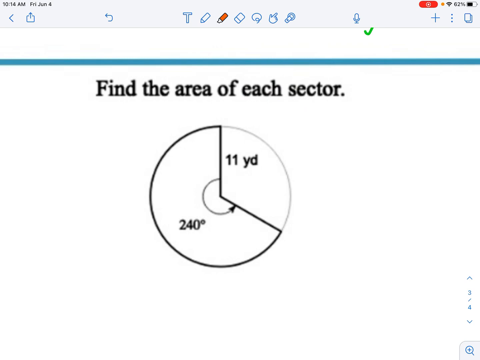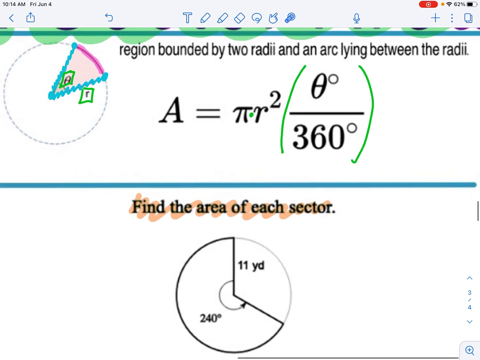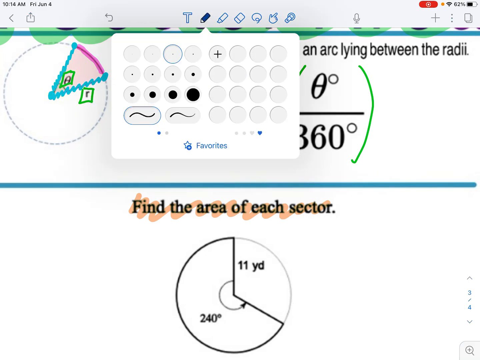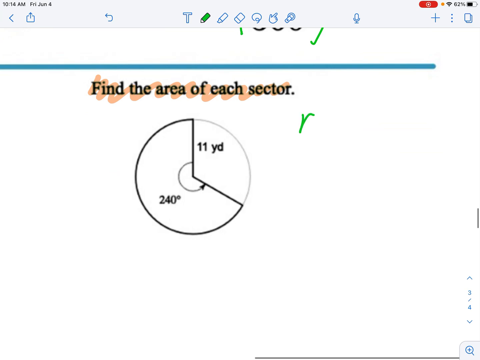We're going to find now the area of each sector, excuse me. So, for the area of each sector, I need the radius and I need theta. So let us find the radius and theta. So r is equal to something and theta is equal to something.